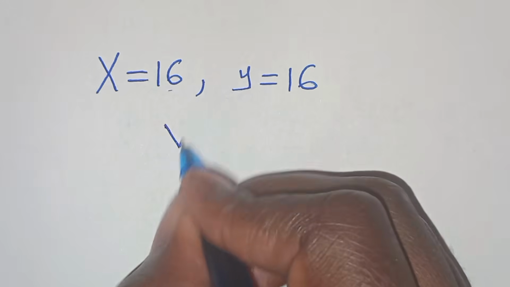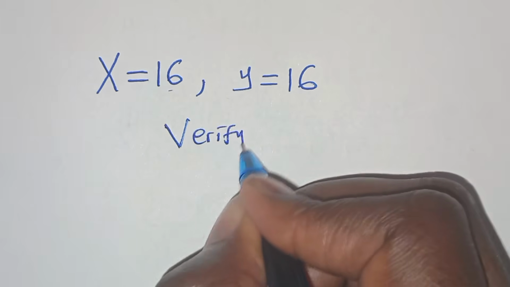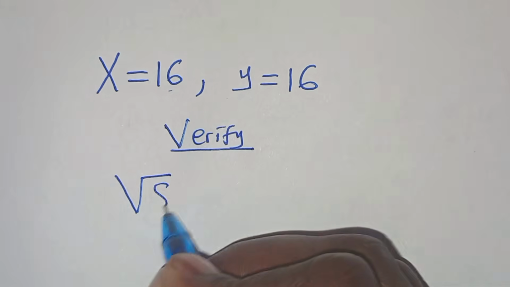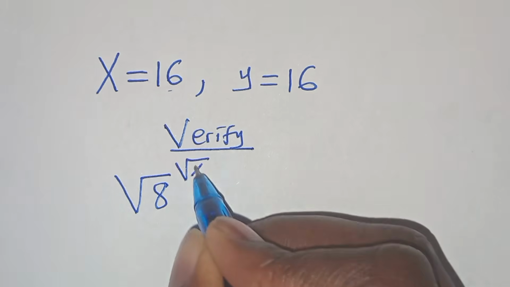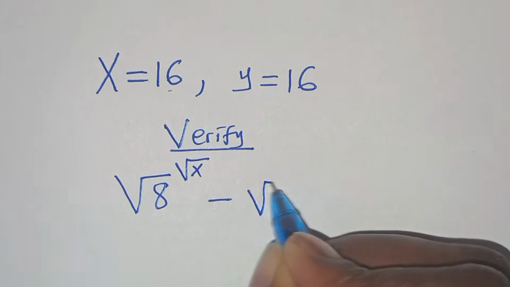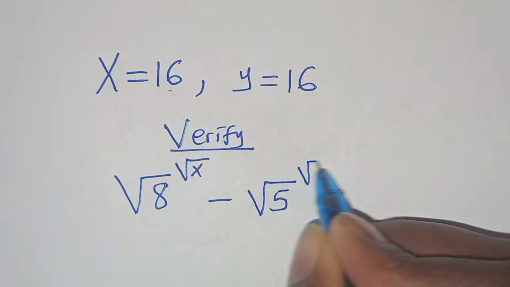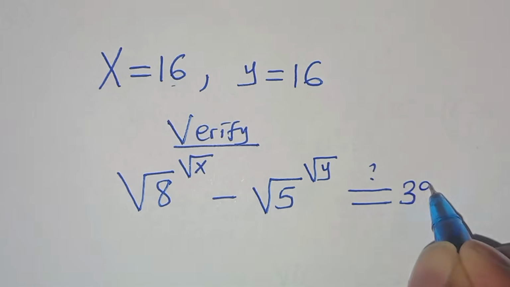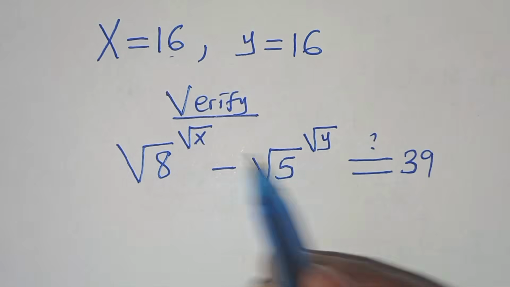So let's verify from here. If you recall, we had the square root of 8 raised to the square root of x, minus square root of 5 raised to the power of square root of y. This should give us a value of 39. Let's substitute x and y here.